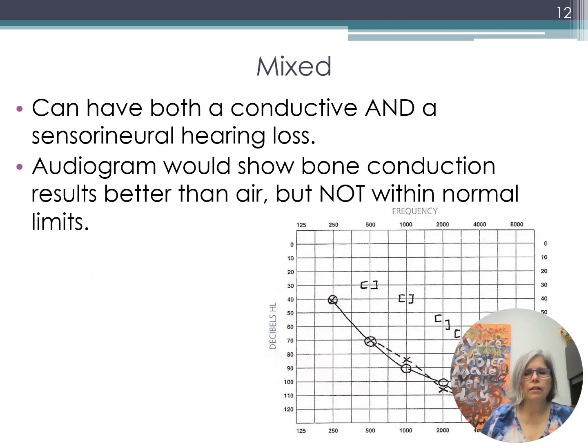So the third kind I alluded to is actually the mixed hearing loss, and I mentioned this briefly in the adult section as well. This is when a person can have both conductive and sensorineural hearing loss. The audiogram will show bone conduction results better than air, but not within normal limits. So say you have a sensorineural hearing loss, plus you have a middle ear infection, you will have a mixed loss.